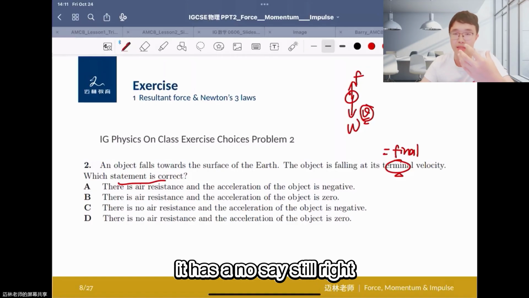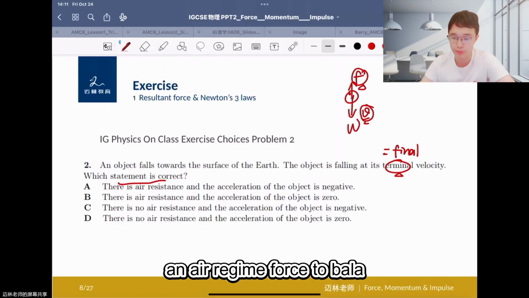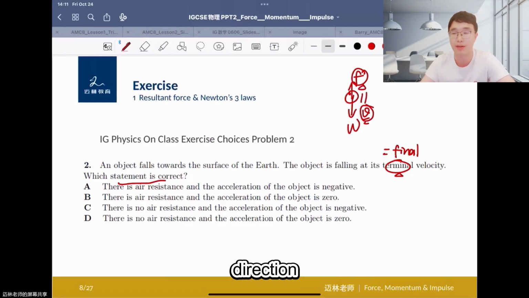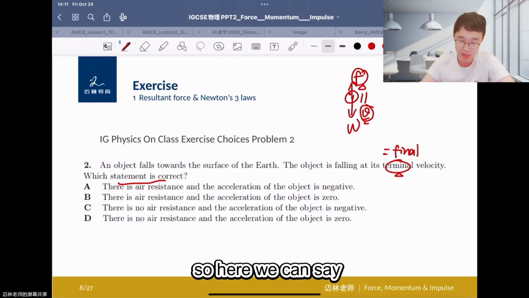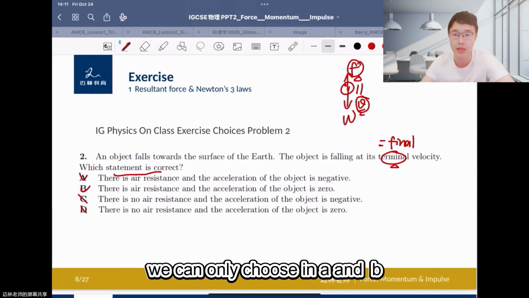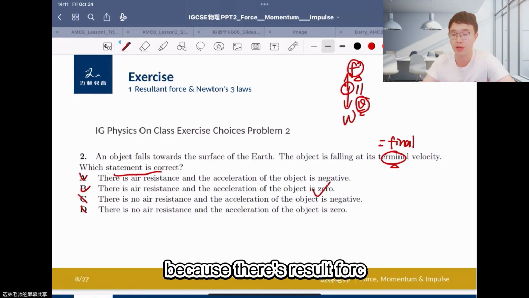So here there must be an air resistance force to balance the weight, okay? And they're the same magnitude and different direction, okay? So there must be an air resistance force. We can only choose between A and B, and the acceleration of the object is zero, right? Because the resultant force is zero.